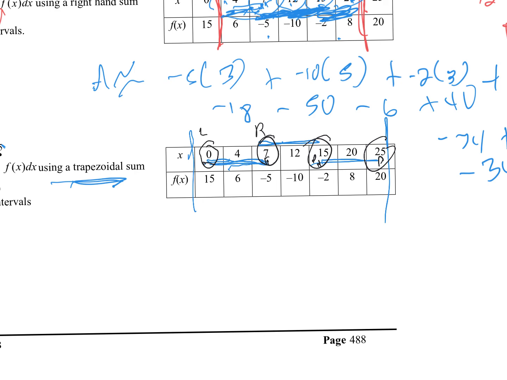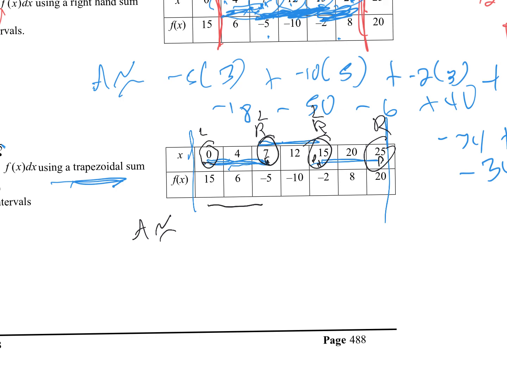Left, right, left, right, left, right. So I have all the bases. So area should be approximately, are all the distances the same? They haven't been. So I'm not even going to pretend to know that they're the same.